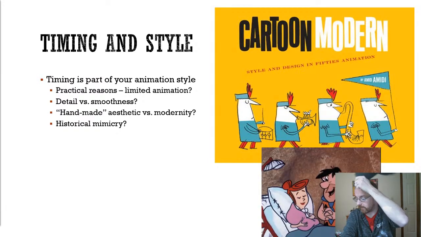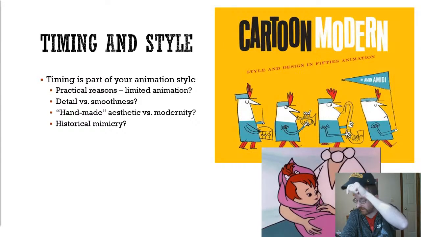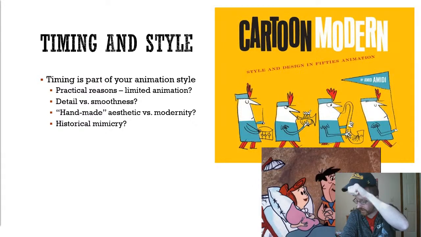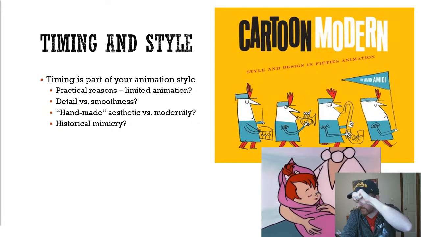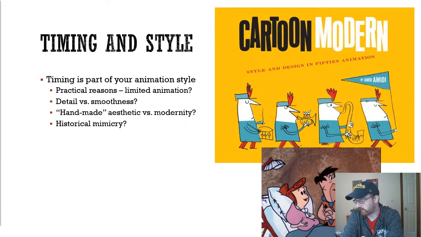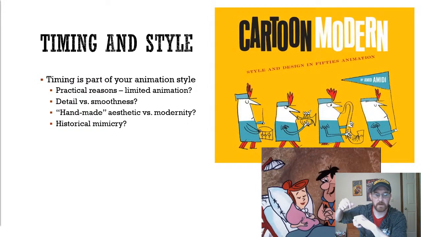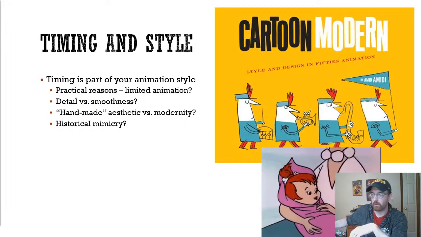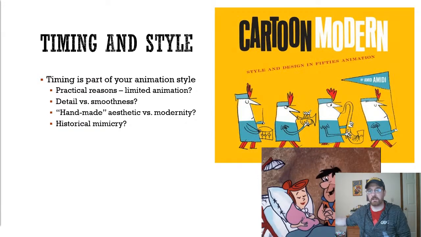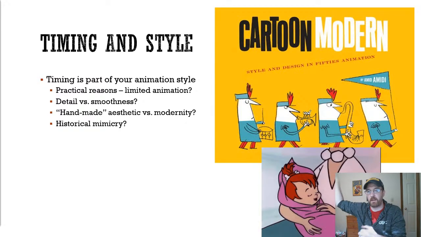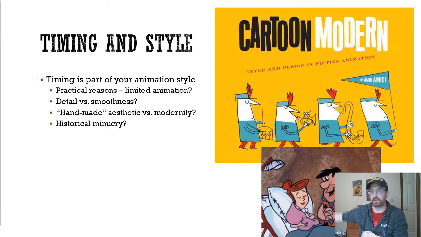I never noticed it as a kid, but look at how in each of these shots, only one part of a character is actually moving. Maybe it's their mouth and an arm, but if Wilma is dusting, Wilma's entire body will be still except for her mouth and the arm that's dusting.